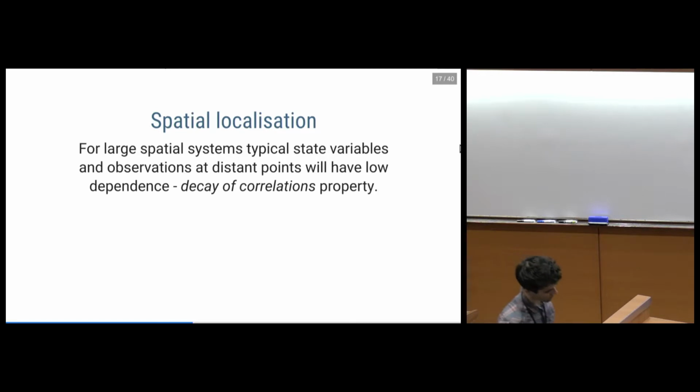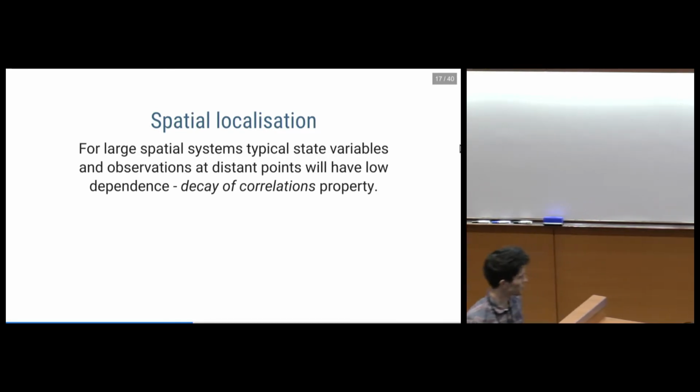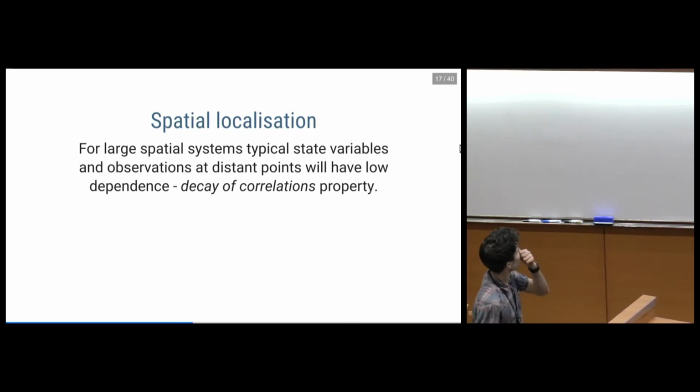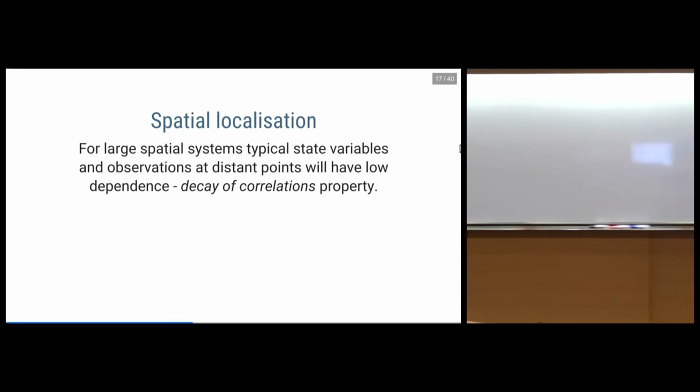The key idea which the methods we'll talk about in the rest of the talk exploit is what's sometimes called the decay of correlations property. This is the idea that in a spatial model defined on some large spatial domain, typically we'll expect that the state variables will be only strongly dependent on observations which are located, in some sense, close by in space.